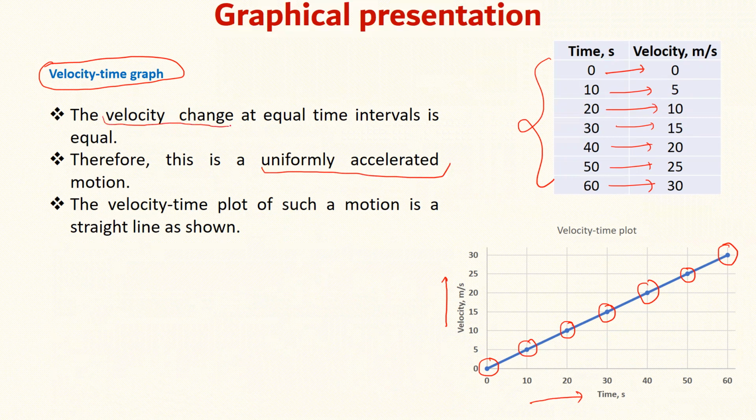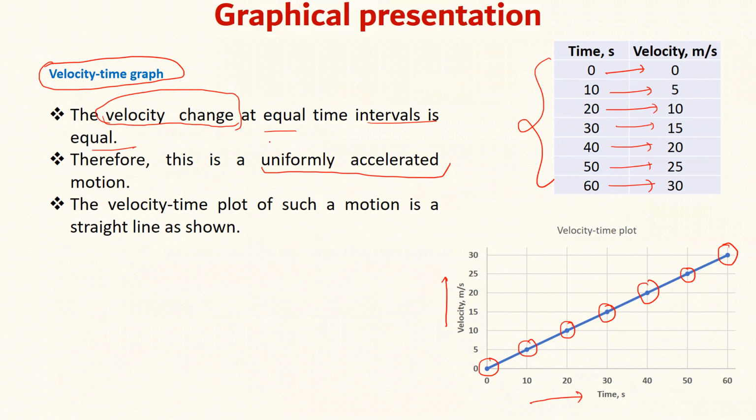Because the velocity changes equally at equal intervals of time. In 10 seconds, 5 meters per second change in velocity, another 10 seconds, 5 meters per second change in velocity, another 10 seconds, 5 meters per second change in velocity. So at equal time intervals, the velocity of the object is changing at an equal rate.